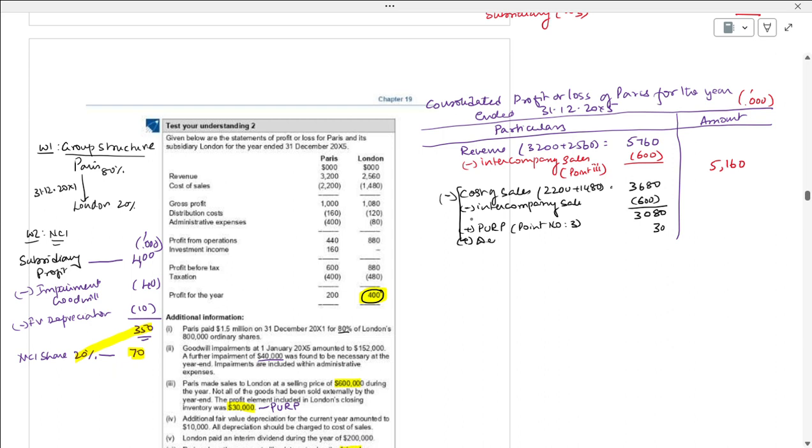How much is the depreciation? 10. First you deduct intercompany sales, then you add the proportion of unrealized profit and the depreciation. How much will you get? 3,090, 410, 4010, 4020.